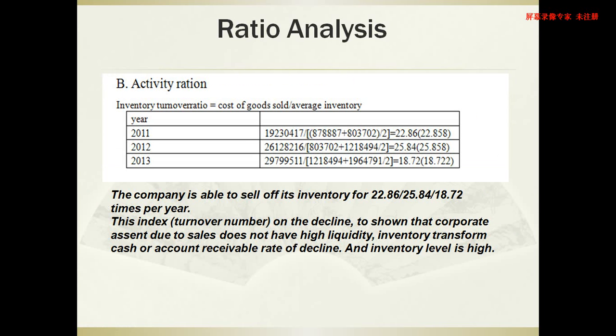In this case, it shows that the corporate assets due to sale do not have high liquidity. Inventory converting to cash and accounts receivable is declining, and the inventory level is very high.